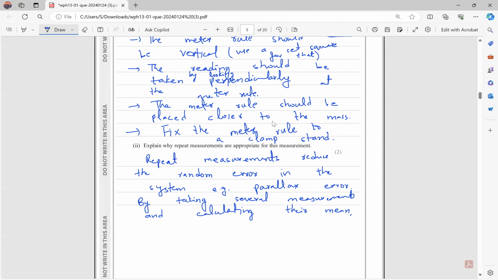Random error is reduced, or accuracy is increased.